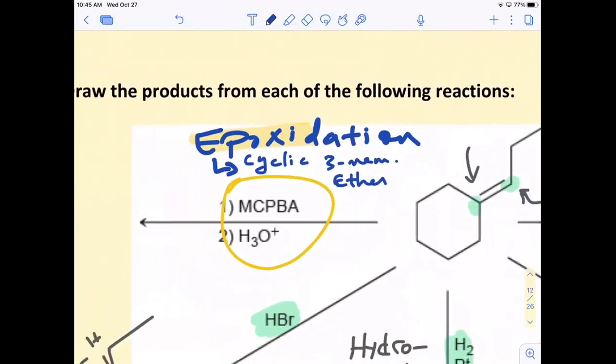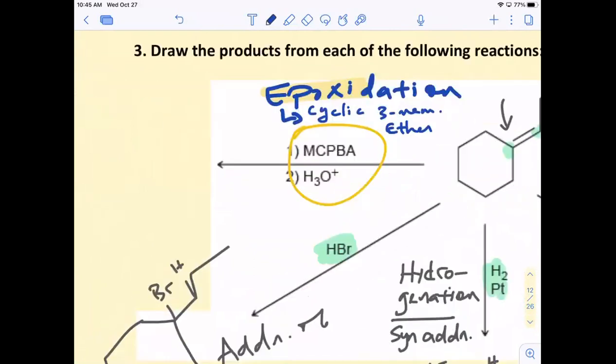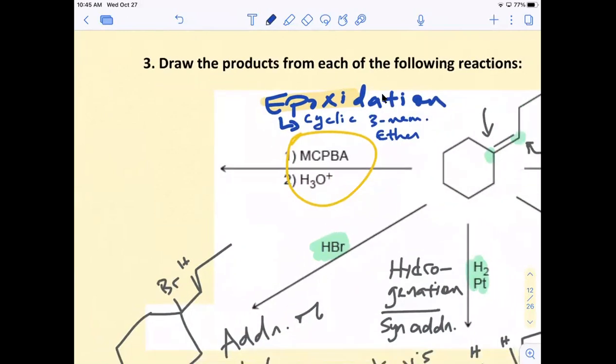So it's a 3-membered ring with the oxygen in it, and that oxygen is bound to both carbons in the double bond.